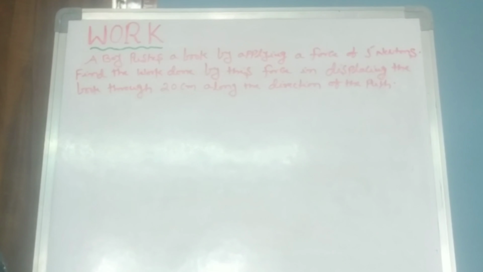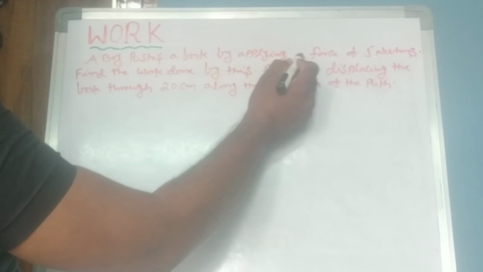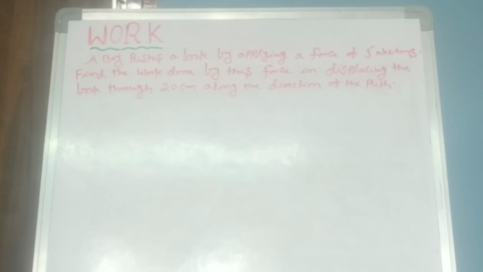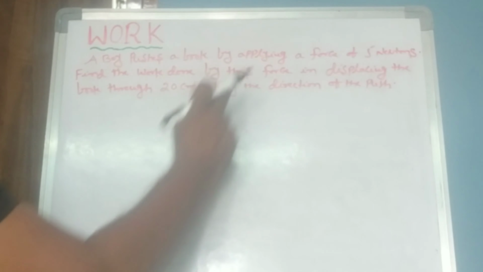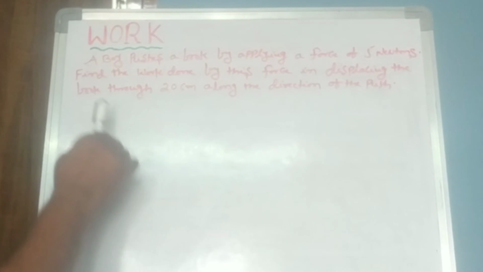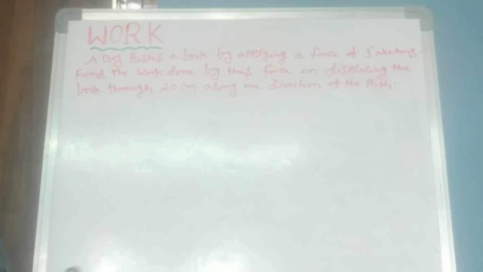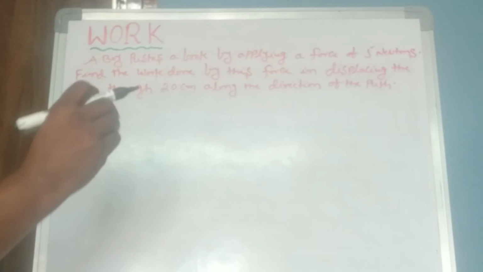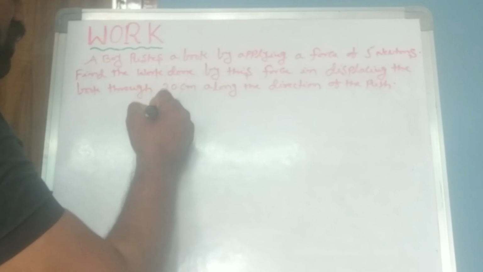See here, a boy pushes a book by applying a force of 5 newtons. Find the work done by this force in displacing the book through 20 centimeters along the direction of the push. Now we want to find the work.